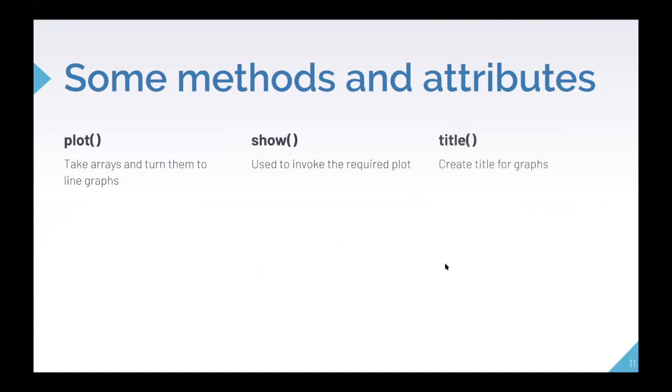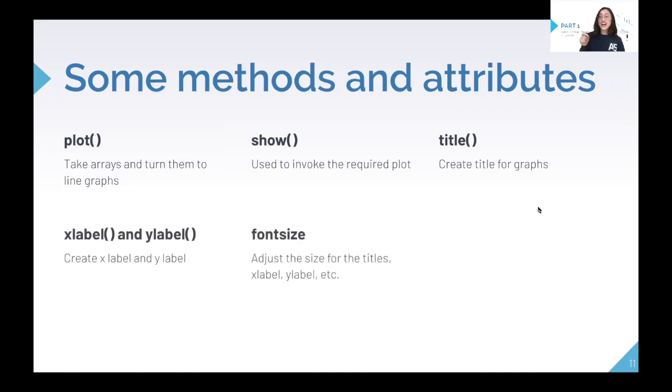Then title is to create a title for your graph, to make it more specific with more information and details. X label and Y label, again, are very explanatory. Font size is more of a meticulous designing thing, where you want to make your font bigger or smaller, and font size can be an attribute for all of the methods.